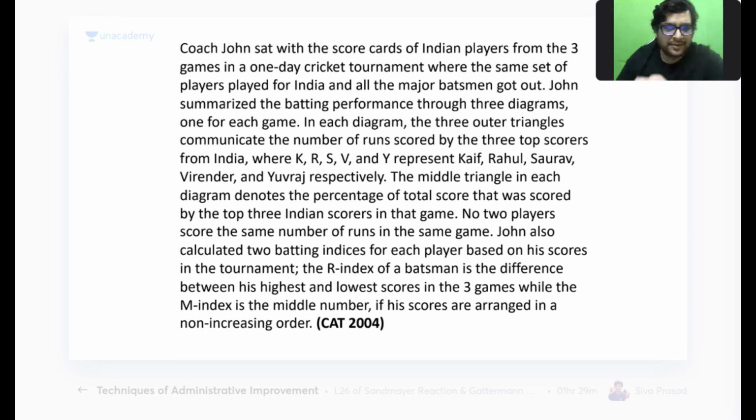So it's the same set of players who are playing. That's important. And all the major batsmen got out. John summarized the batting performance through 3 diagrams, one for each game. In each game, the 3 outer triangles communicate the runs scored by the top 3 scorers.